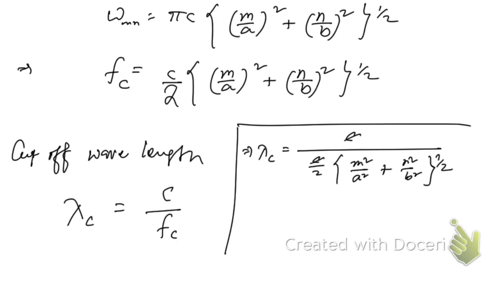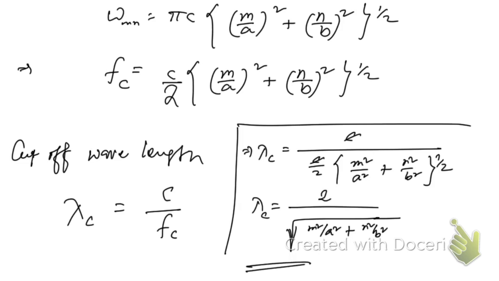So here c is gone, and we get 2 by root over m square by a square plus n square by b square. That's what we have got. So this is the expression for the cutoff wavelength.